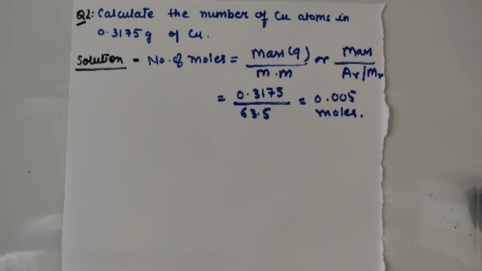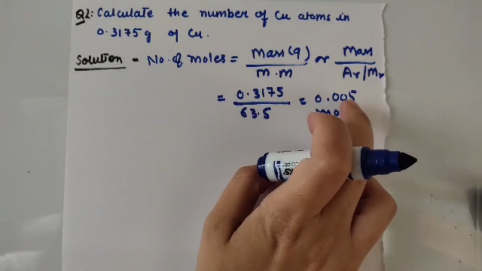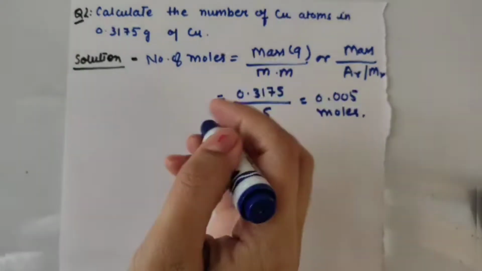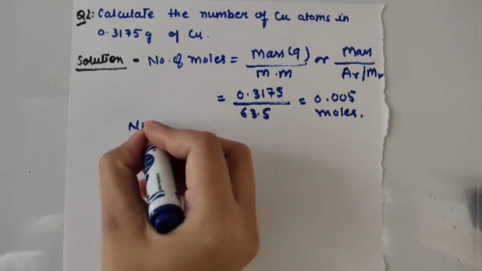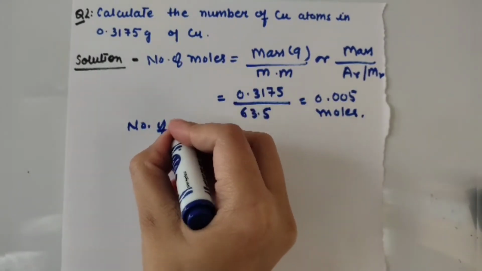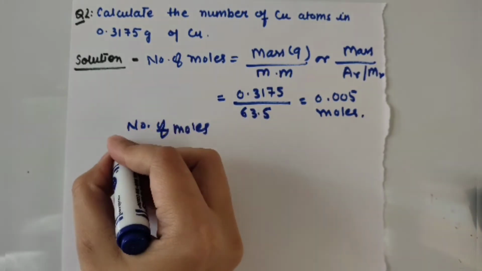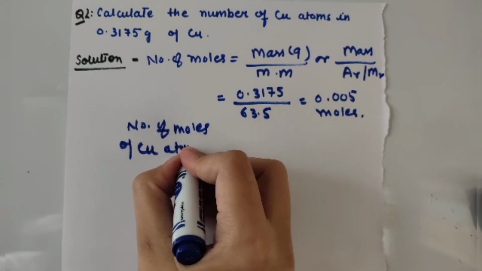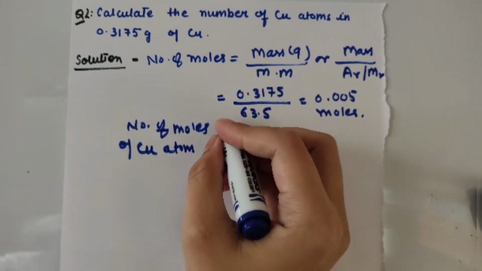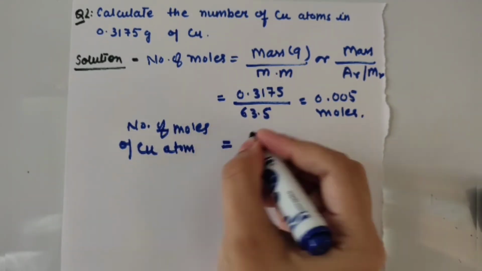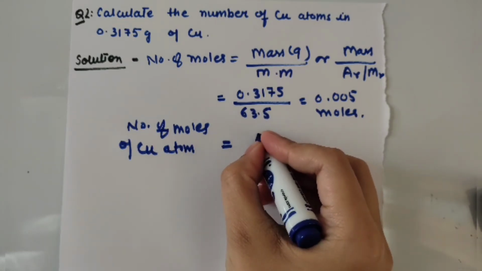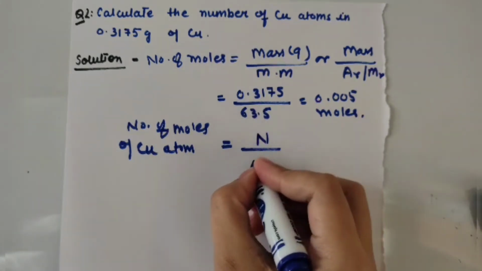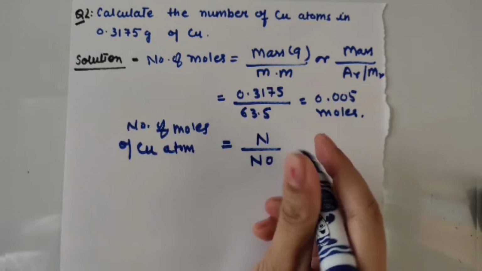Now we know the number of moles. We have to identify the number of copper atoms in 0.005 moles. So number of moles of copper atoms will be equal to N divided by N0. What is N0?